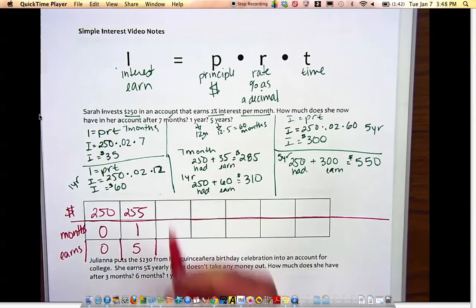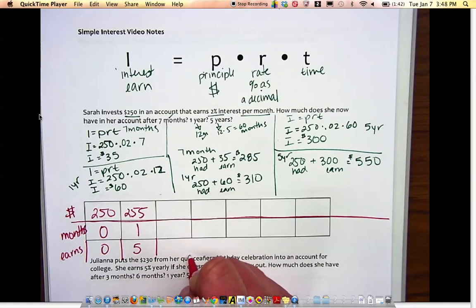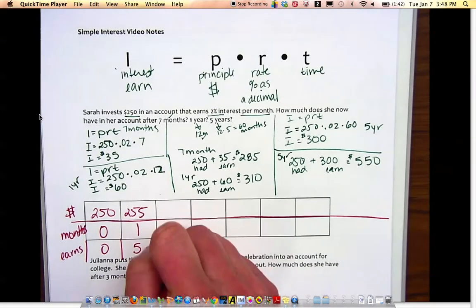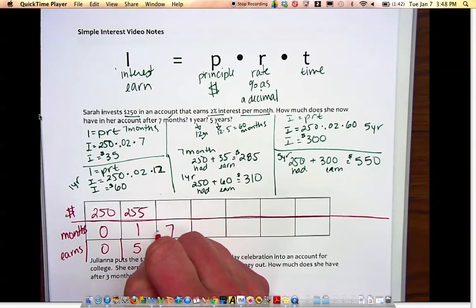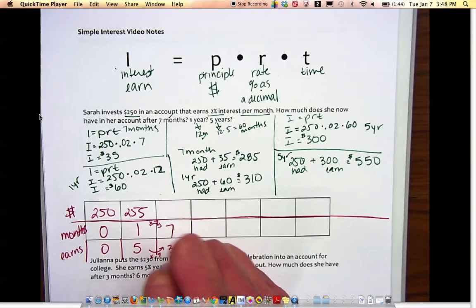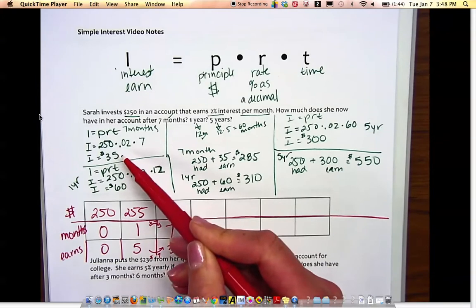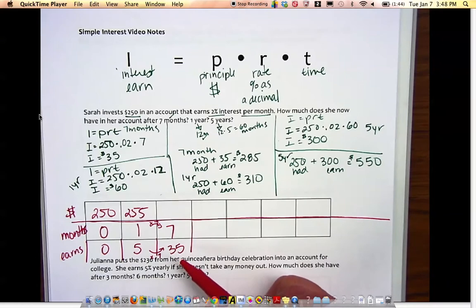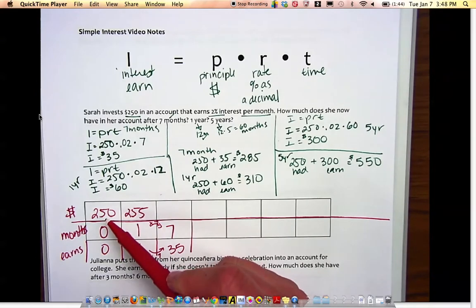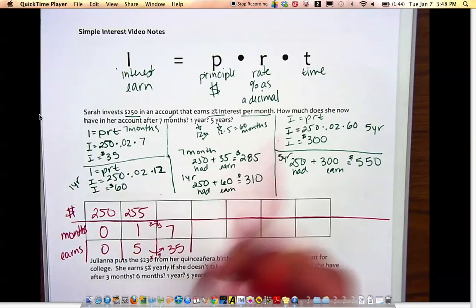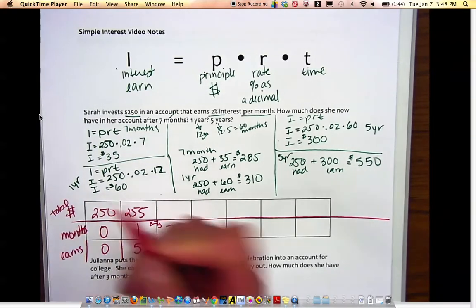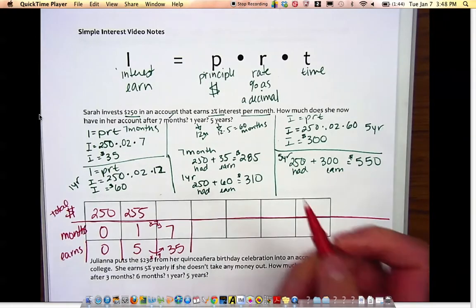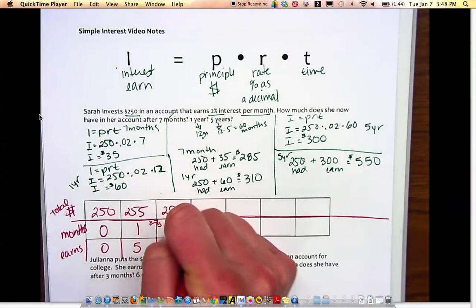So at 7 months, 1 times 7 is 7, so times 7. 5 times 7 is 35. Hey, that matches what we came up with up here. So now I take that $35 plus the $250 that she started with, because remember, this top line is just going to be kind of a running total. And so we add those together and we get the $285 that we've already confirmed.